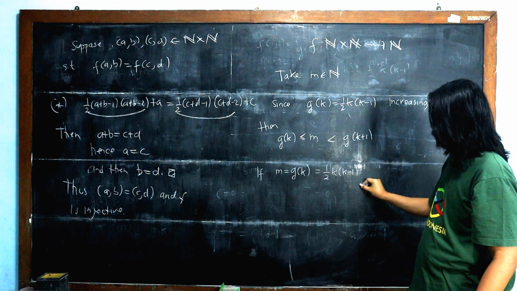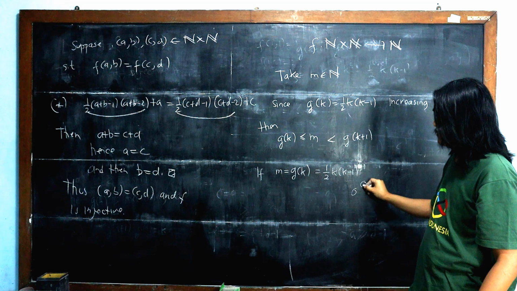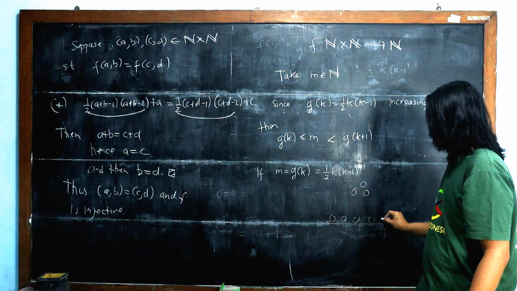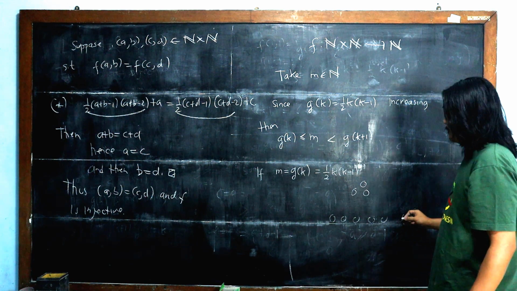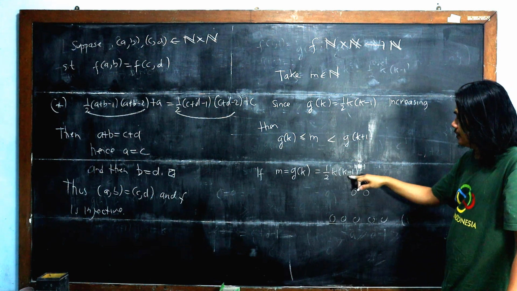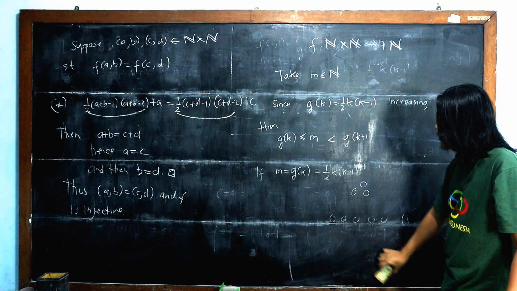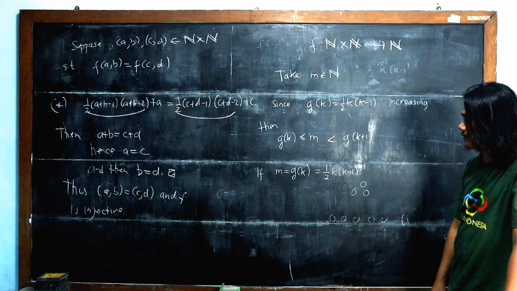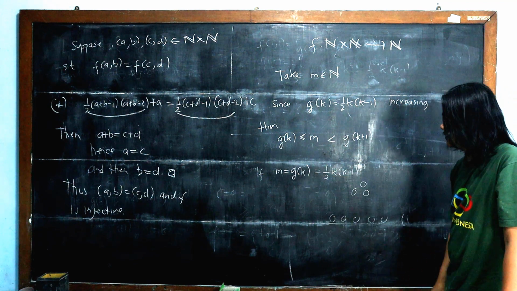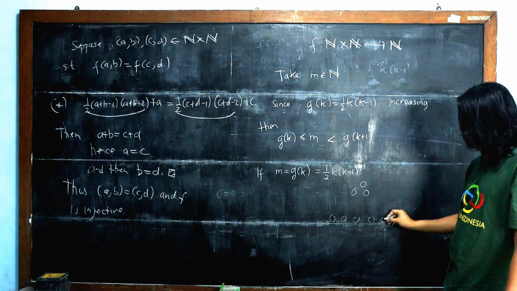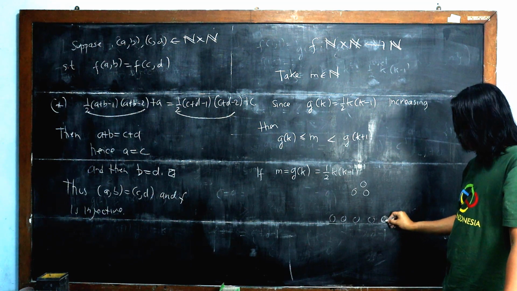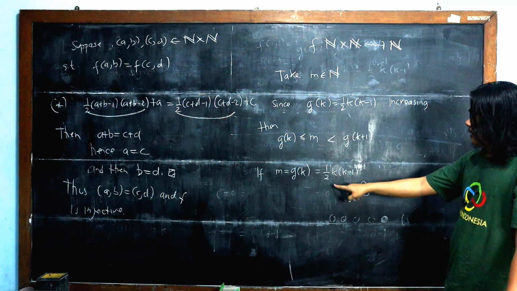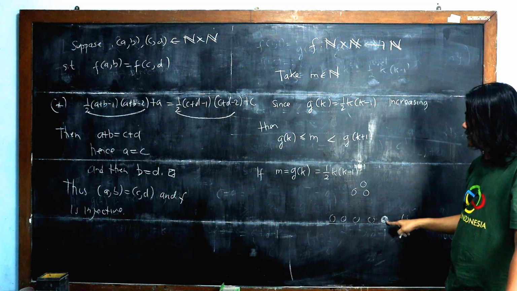So we have one number on the first level, two numbers on the second level, and then on the k minus 1 level we have k minus 1 elements, right? So this number indicates that we count all elements from the first level up to the k minus 1 level. So if the value of g(k) is exactly equal to this, then we are looking at this element. This is the g(k) element, right?